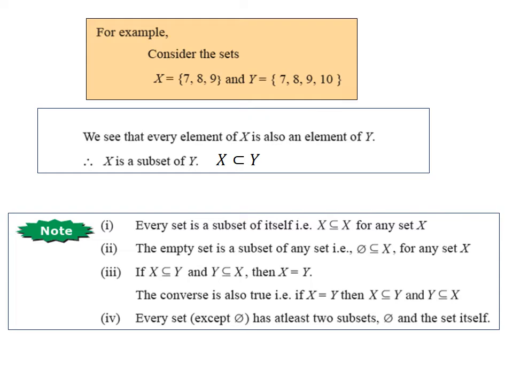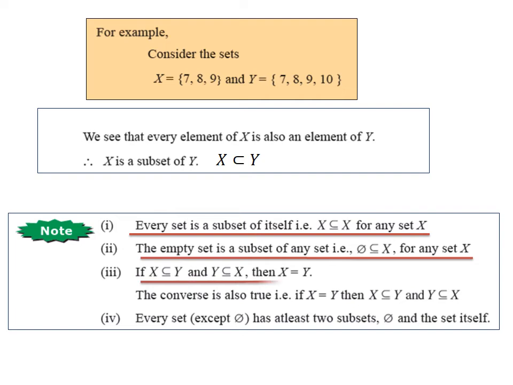Now, for subsets, there are some concepts we can remember so that it will be easy for us to learn more. Every set is a subset of itself. The empty set is a subset of any set.